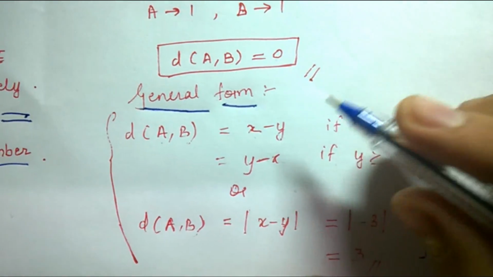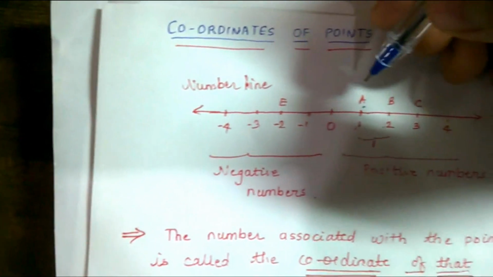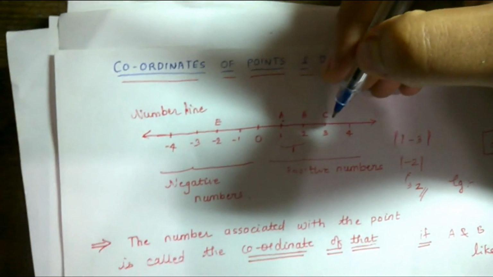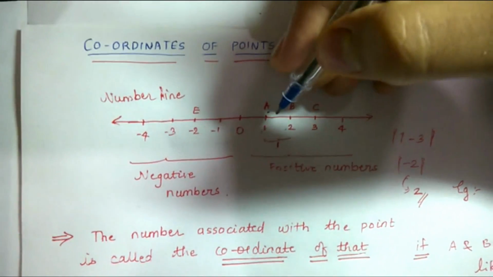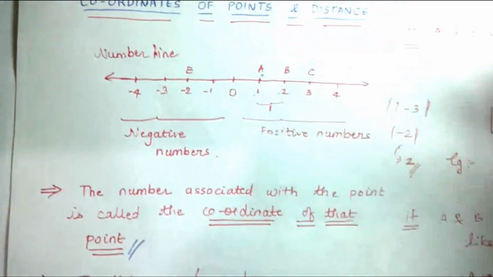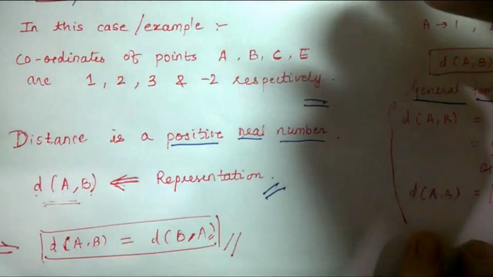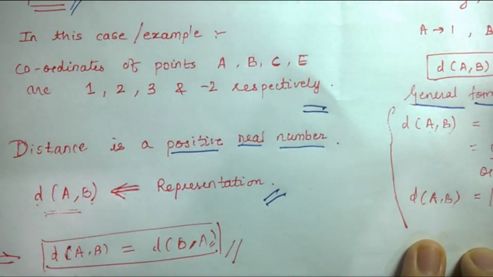If I want to find the distance between a and c over here, it will be 3 minus 1 and not 1 minus 3. Since distance is a positive quantity, we have to subtract bigger minus smaller.